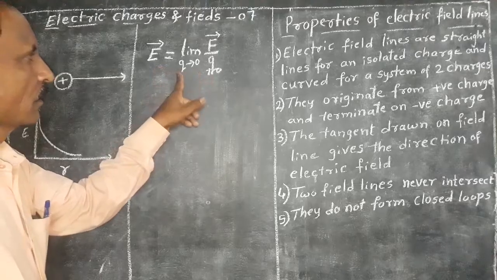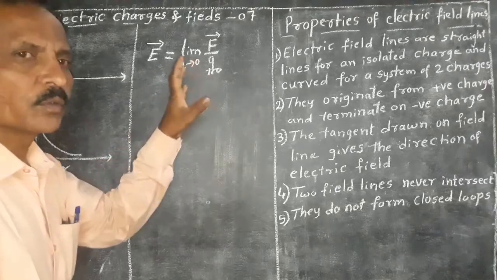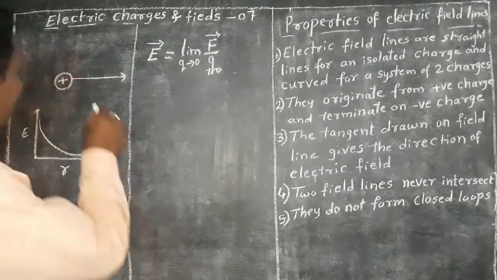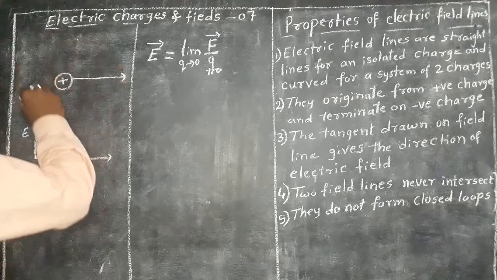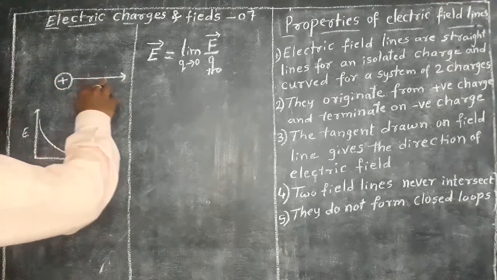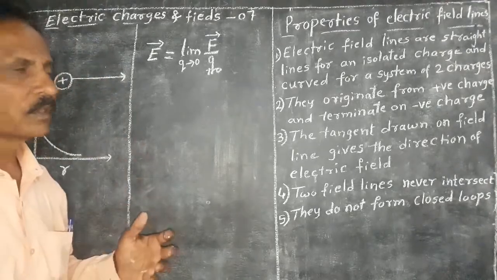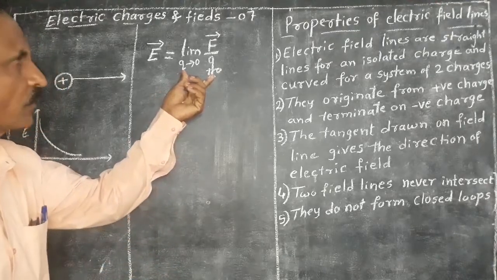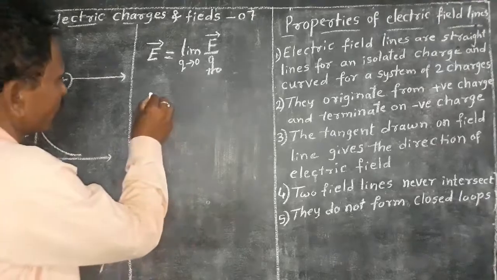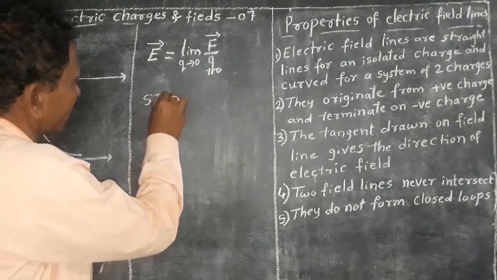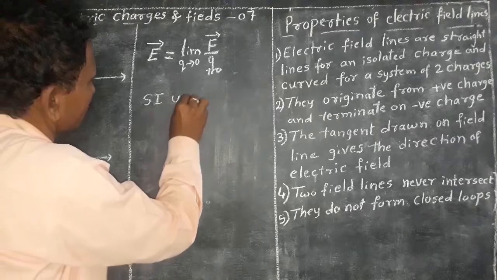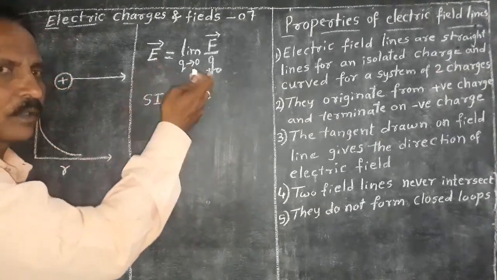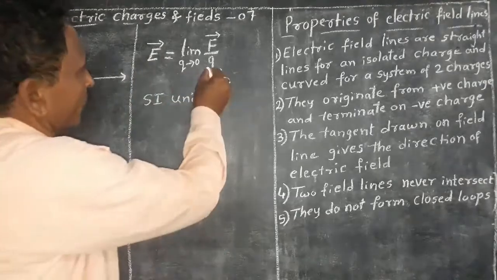Electric intensity is the limit of force experienced by unit positive charge as the test charge tends to 0. Or, electric intensity at any point in an electric field is the amount of force experienced by unit positive test charge. And the SI unit of electric intensity: electric intensity is given by E equals F upon q naught.